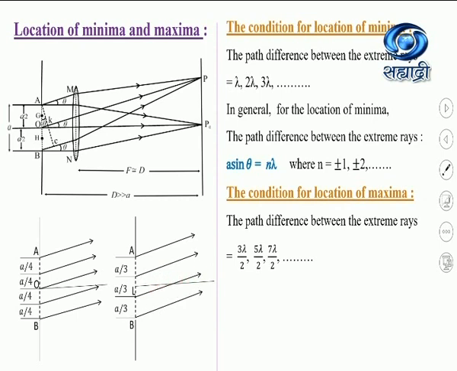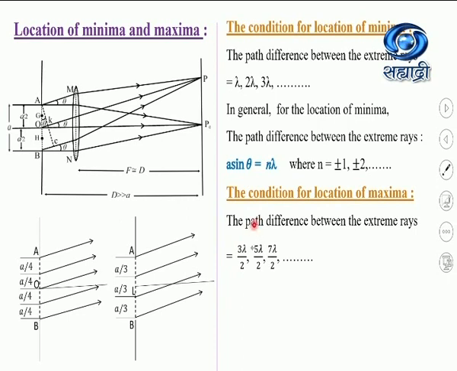So, the point obtained on the screen will be the bright point, or the intensity at that point is maximum. But as only 1/3 part of the slit is contributing for the constructive interference at that point, the intensity of that bright fringe is less than the intensity of the central maximum. So this is the first condition to get the location of maximum, where the path difference is 3 lambda by 2.